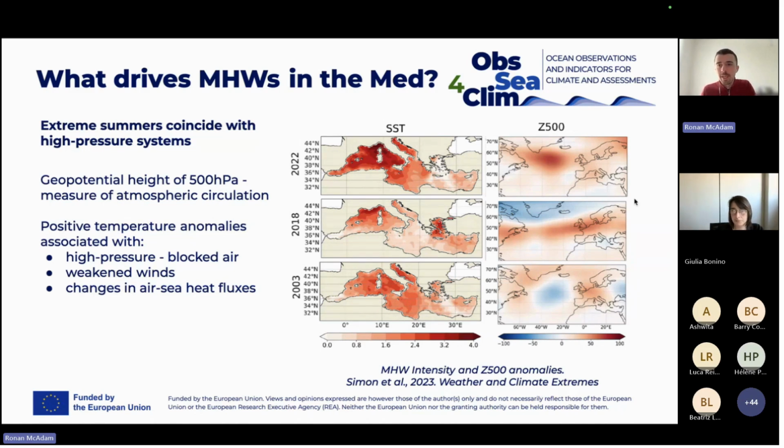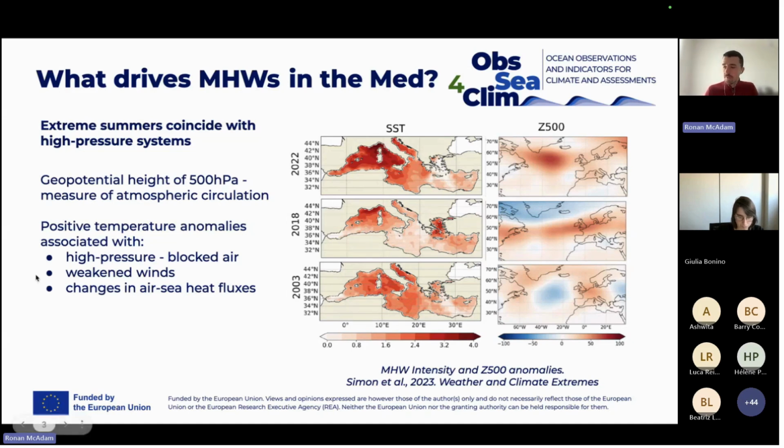So that's showing where the atmospheric pressure was relatively high and where the circulation has been changed. And in all cases, we see that the summers were characterized by high pressure systems over the Mediterranean, even if on the larger, nearly hemisphere scale, the patterns are quite different.